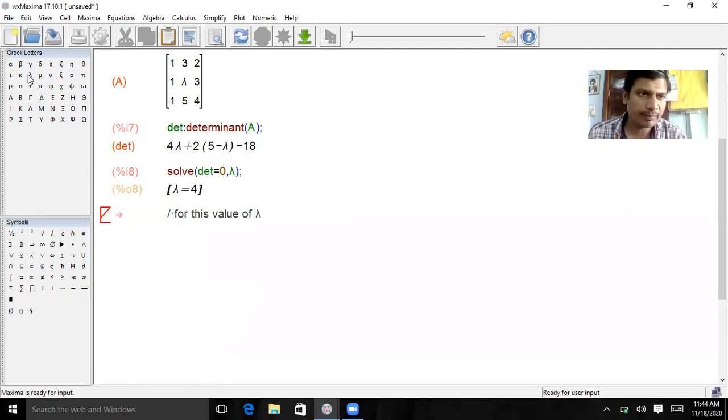For this value of lambda, the given system has non-zero solution. It is the non-zero solution.